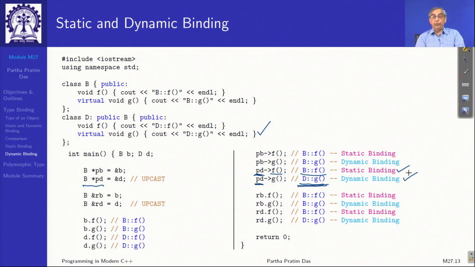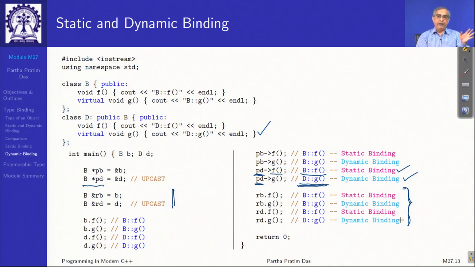Similar behavior will be seen also for the references. So, with these references and these calls, if you tally, you will see exactly the same mechanism. So, we get to see that dynamic binding is possible only with virtual functions that are overridden, and if you are making the access to the function through a pointer or through a reference.